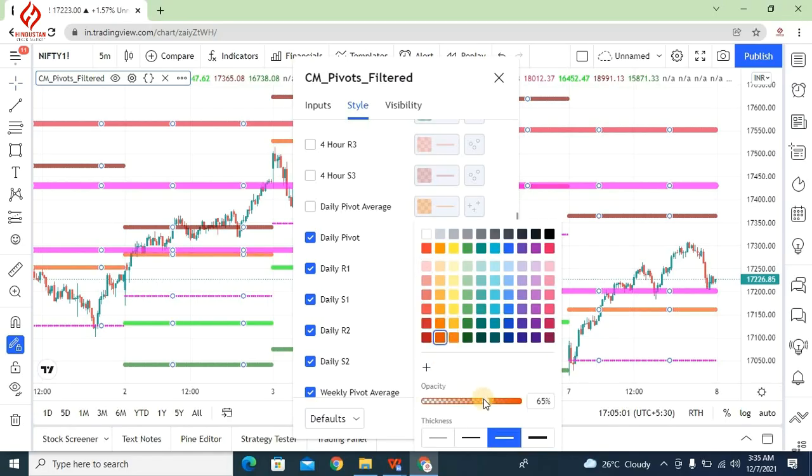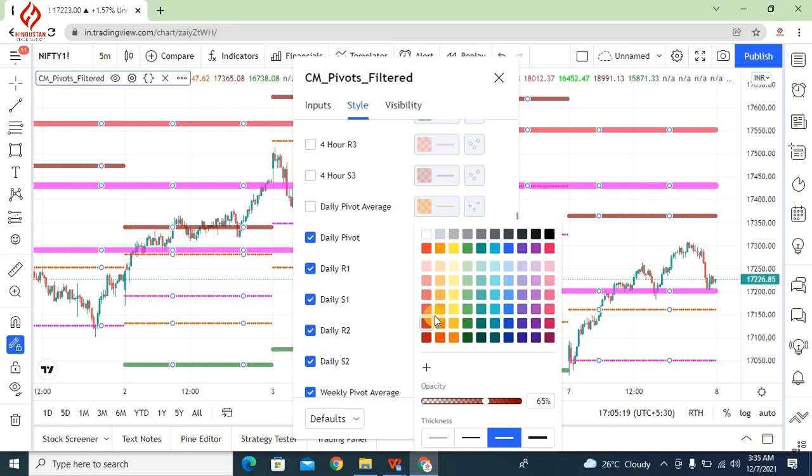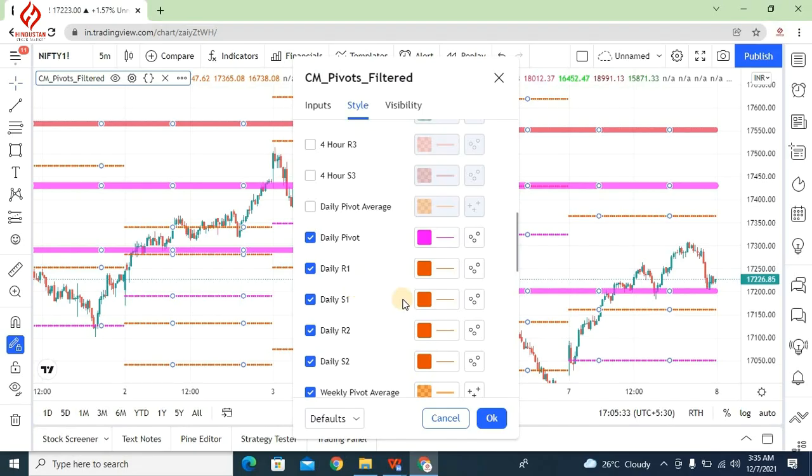So whatever color you want you can select, but you should remember that color. So for S1 also I'm selecting orange color, thickness first one, and do the same for R2 S2, orange, thickness first one, and for S2 make opacity 100% and select this one. So daily pivot is over.